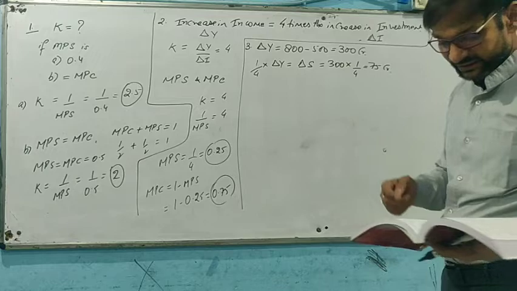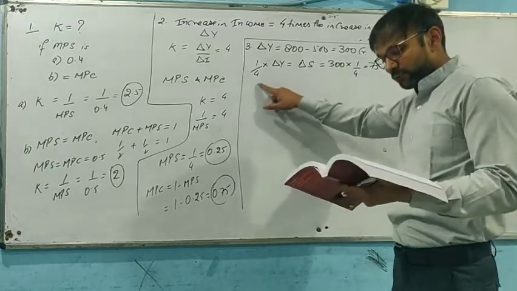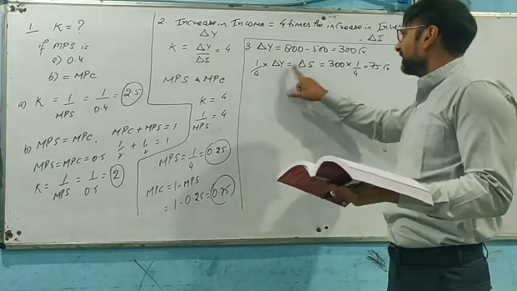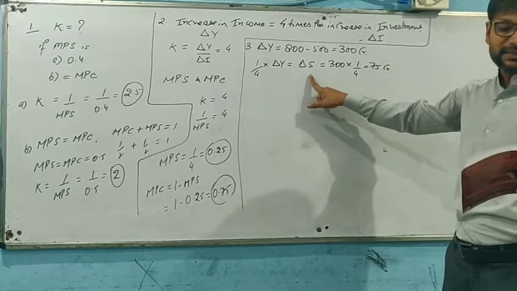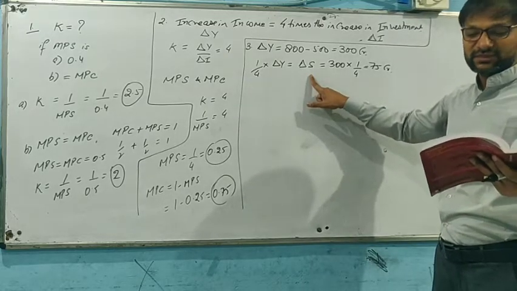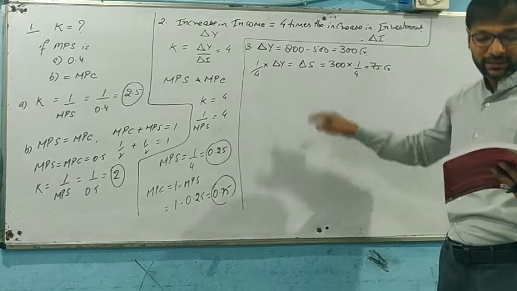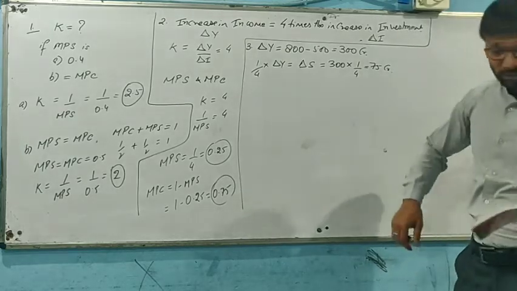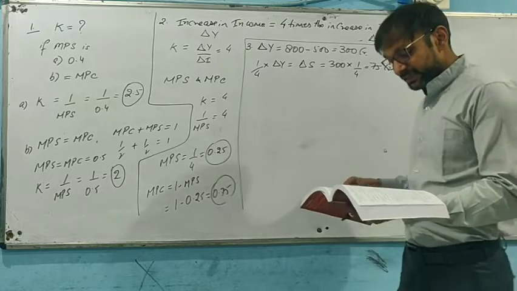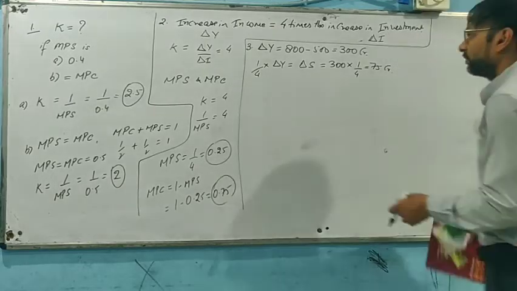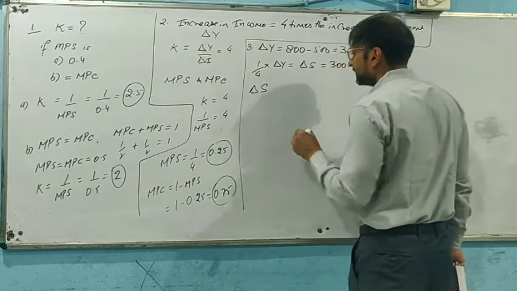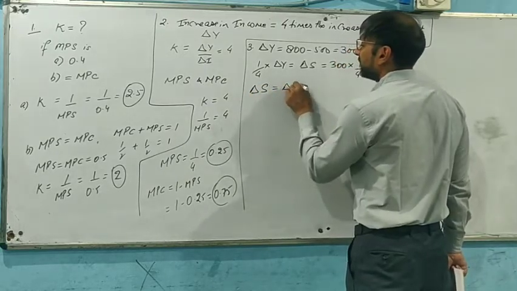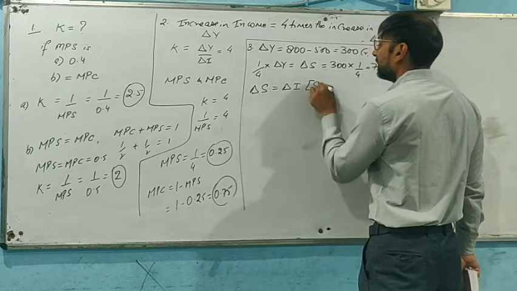Now, what are they saying? Again, I repeat once again. If 1/4 of the additional income is saved, what we need to find out? Calculate increase in investment required to achieve full employment level. Now, we just need to see increase in investment. Although we can say that as and when we have obtained delta S, it will be equal to delta I. Why?